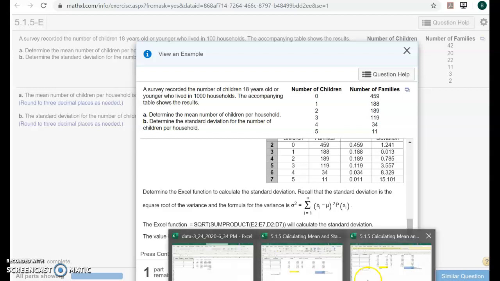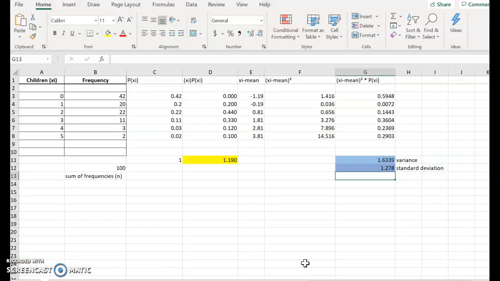So this is a lot of steps, so I can understand why this could take time or just take practice. But even if you don't do your spreadsheet in Excel, you could still set this up on your paper to get the correct answer. But just let me know if you have any questions.